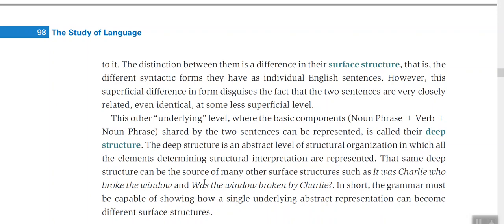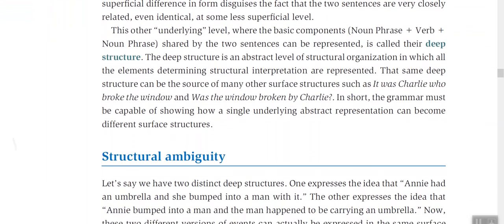In short, grammar must be capable of showing how a single underlying abstract representation can become different surface structures. We will have examples to explain the difference between these two terms, surface structure and deep structure.